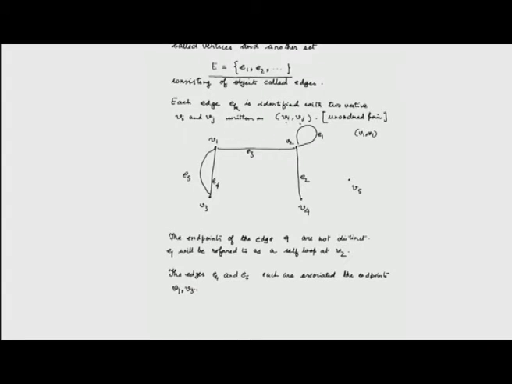Thus, there are two edges connecting the end points or vertices V1, V3.